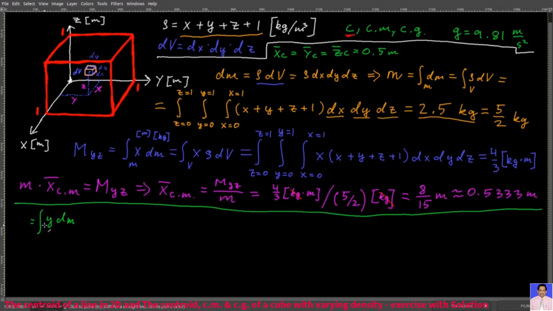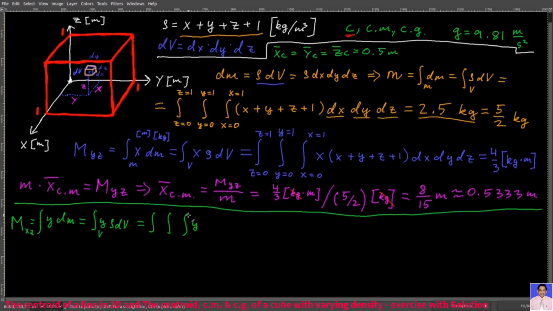And since y is the distance between the dm's and the xz plane, I will call it mxz. And then of course you can replace dm with rho dv.